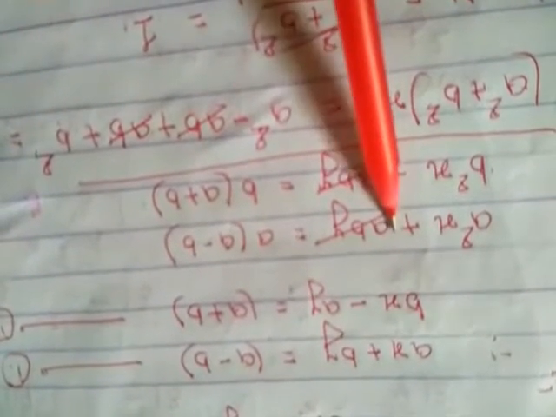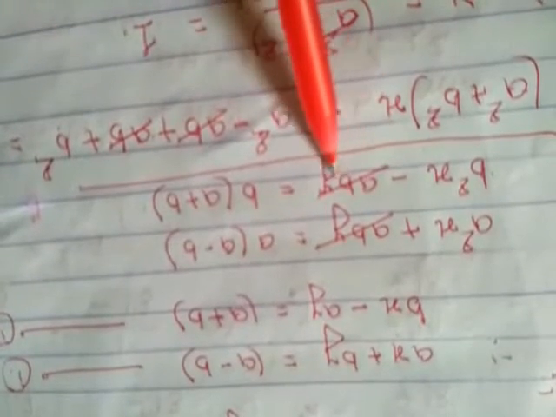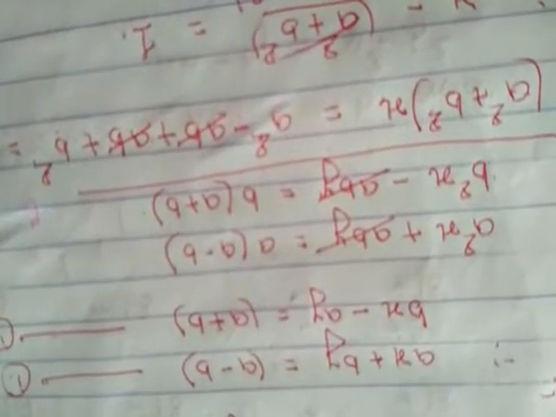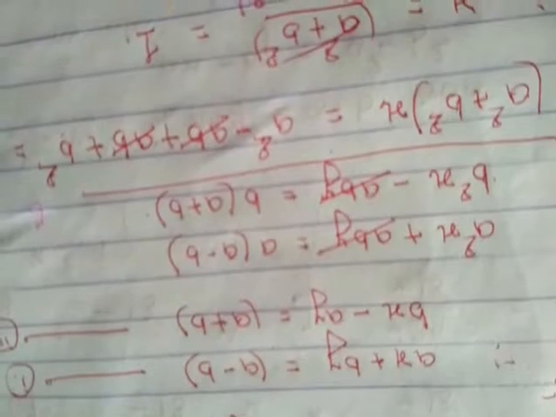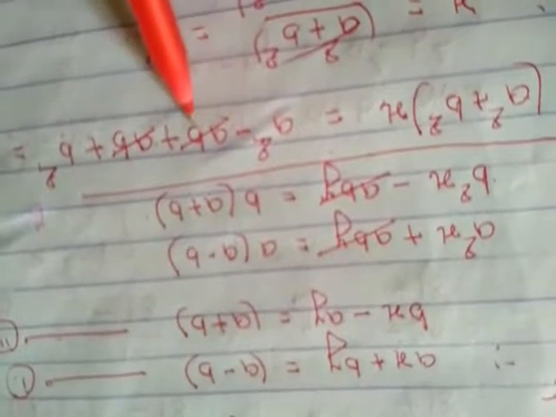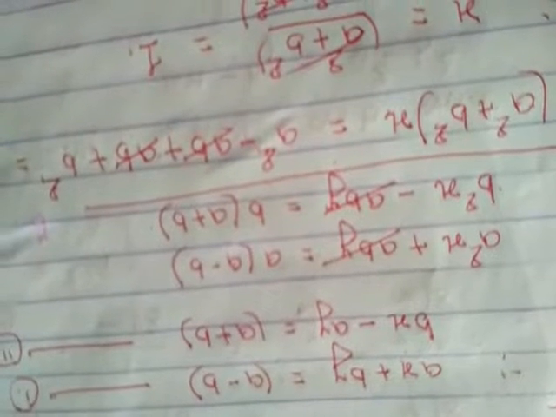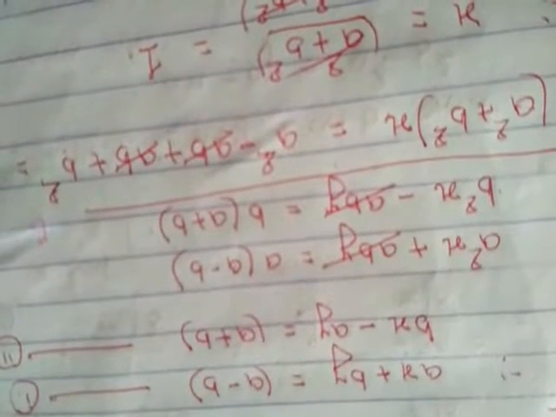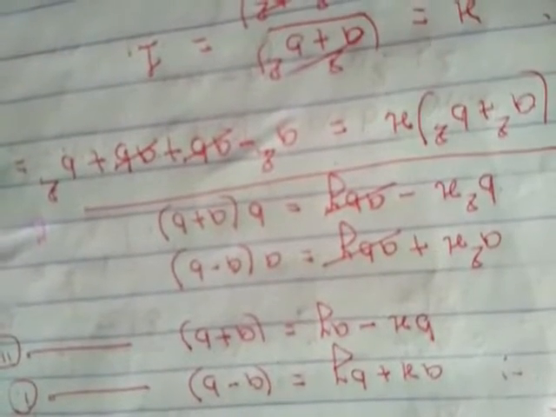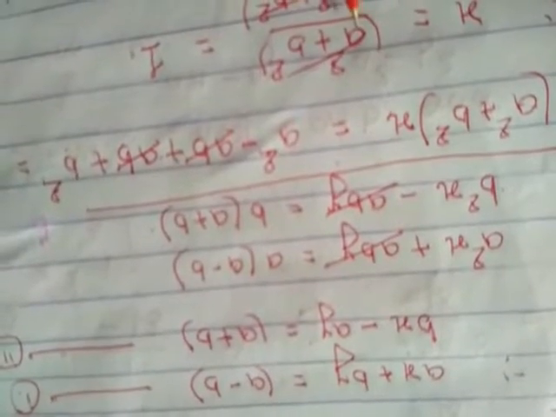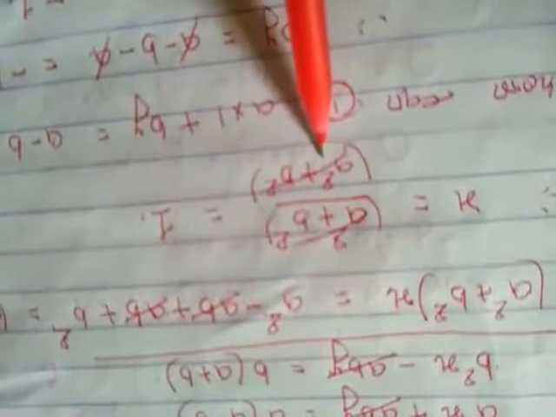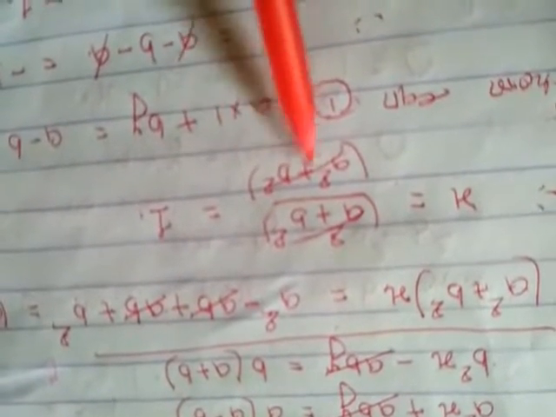Minus ab plus ab will also get cancelled. So we have a square plus b square. Finally x equals to a square plus b square by a square plus b square, it will be cancelled. So we got the value of x as 1.